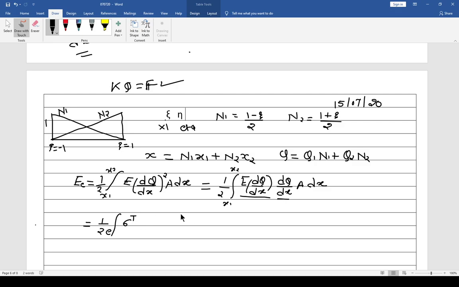Okay, so when we want to multiply, E into dq by dx will turn to sigma transpose. So dq by dx will turn to epsilon, that is strain, and A dx will turn to dV. Okay, so this is what is my generalized equation.